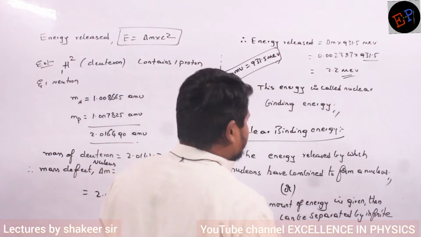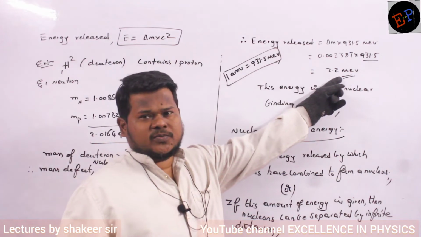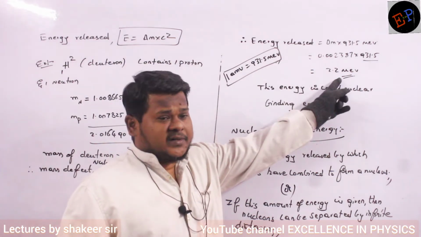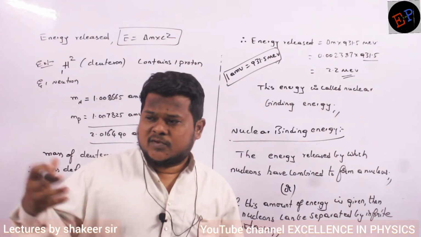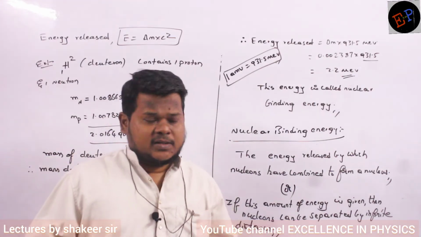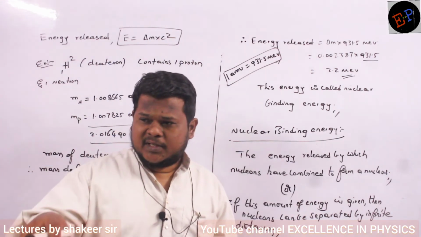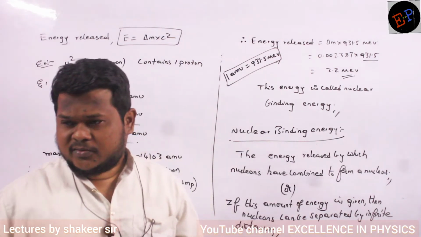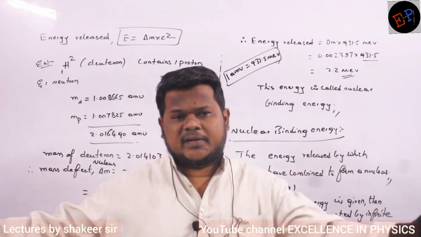Are you able to understand, ma? What is the meaning of this? Previously energy released was 2.2, no? Same energy if I give to the nucleus of this deuteron, then what happens? Previously this much energy was released. Now the same energy if I give again to the nucleus of deuteron, again they will get separated.